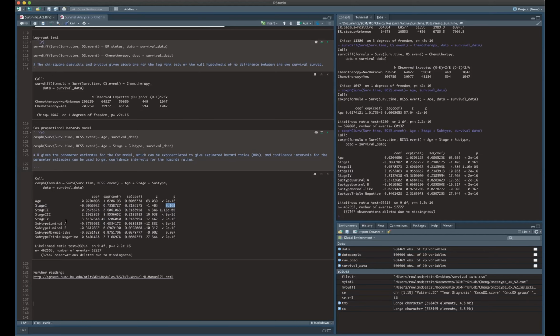Then we have our subtypes, luminal A, B, normal, triple negative. You might have heard those terms. Everything except for normal-like was significant. So A and B actually had decreased hazard ratio compared to the population at large, but the triple negative breast cancers, which might be a buzzword that you've heard floating around, did have an increased hazard ratio.